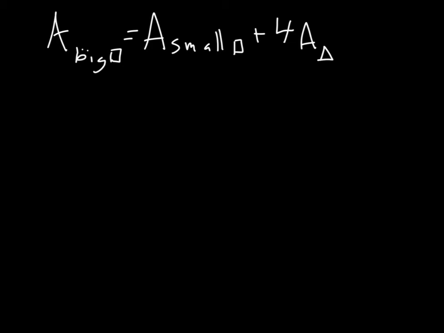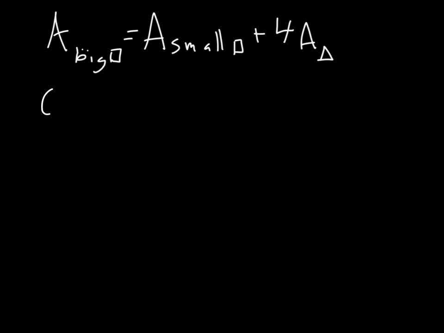But the area of the big square is going to be the side length of the big square squared. So the side length is 12 plus 5, since each side is made up of each leg of the right angle triangle.